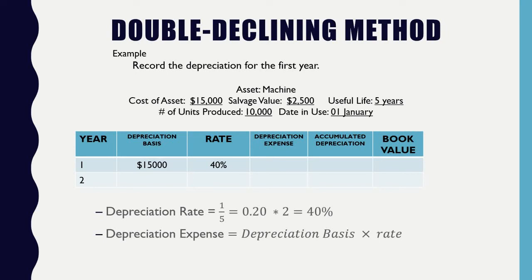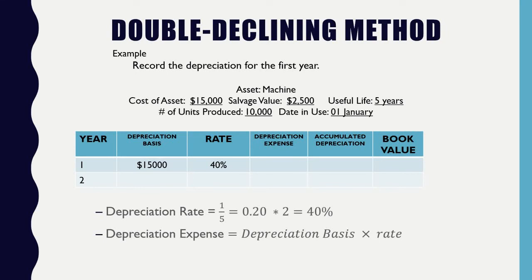Okay, so that means the next step here is going to be determining the depreciation expense. Depreciation expense is going to be the basis times the rate. So I'm going to take my 15,000 and I'm going to multiply it by 0.4 or 40%, whatever number you know how to calculate this at.